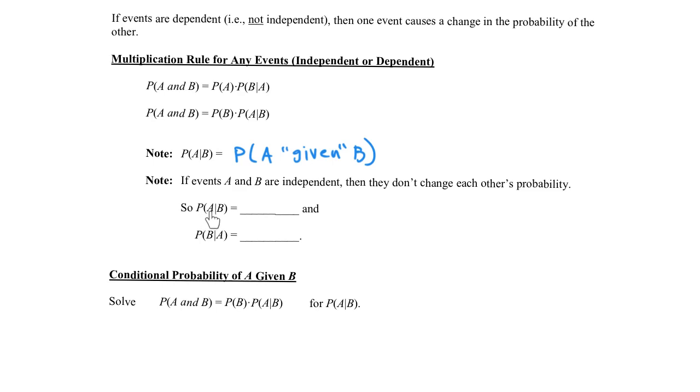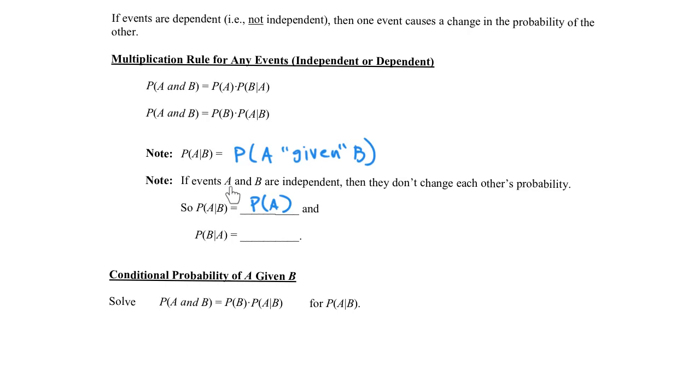Let's say event A is I'm going to eat lunch tomorrow, and B is it rained in Topeka. The probability of you eating lunch tomorrow, given that it rained in Topeka, isn't that just the probability of you eating lunch tomorrow? In other words, the fact that it rained in Topeka had no bearing on whether or not you eat lunch tomorrow, right? Which means these events are independent.